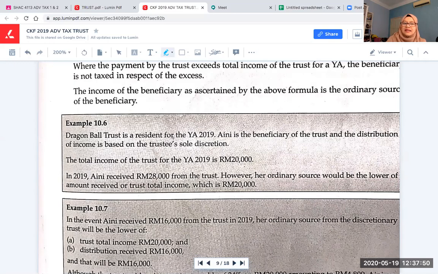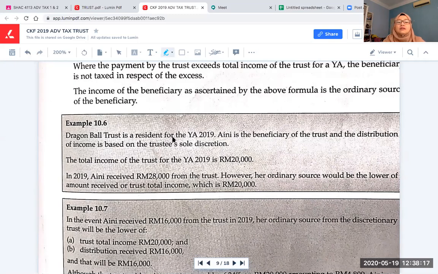Aini in 2019 received 28,000 from the trust. Total income ada 20,000. Actually received is 28,000. Nampak tak beza? Because the amount distributed is based on distributable income, not on total income. So here it says that her ordinary source would be the lower of. So in this case, what is the statutory income yang akan bawa untuk bayar tax ni?